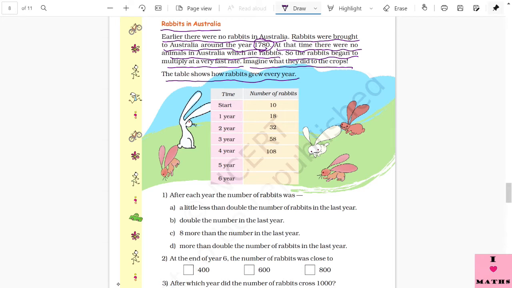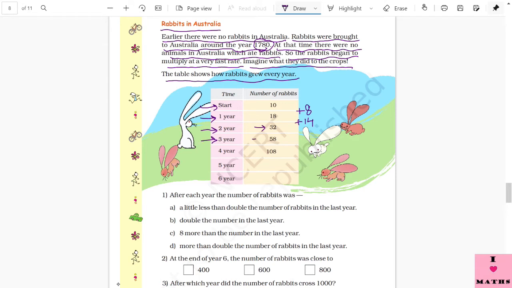Now, when they brought the rabbits, they started with 10 rabbits. After 1 year, there were 18 rabbits. It means there was an addition of 8 rabbits. It means 8 rabbits were born. The second year, there were 32 rabbits. It means there was an addition of 14 rabbits.